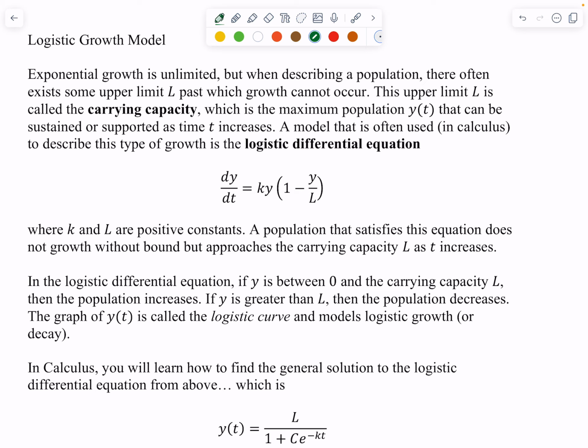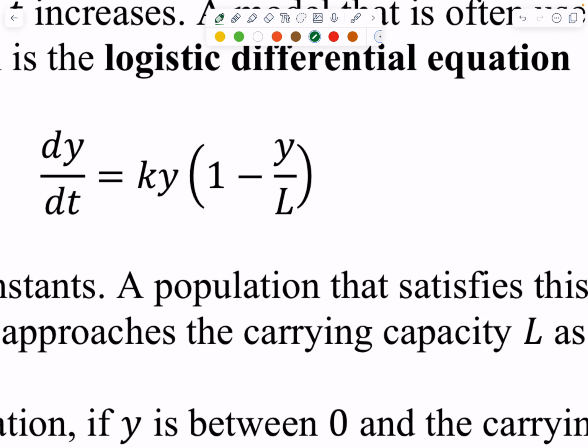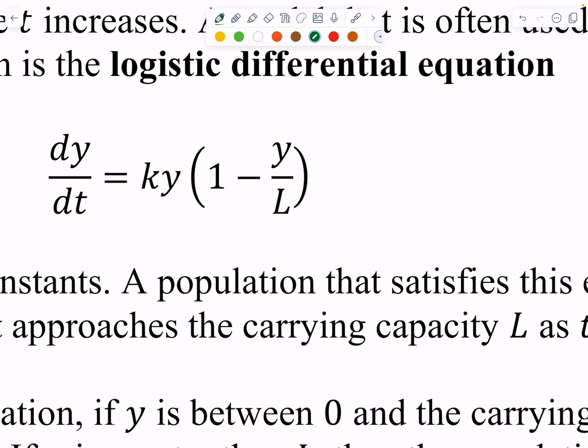So a model that's often used in calculus to describe this type of growth is the logistic differential equation. And this is actually something that would show up in the BC level of calculus, or in college, that equivalent level. You would be exposed potentially next year if you do take a calculus class, but usually it's more like the BC level.